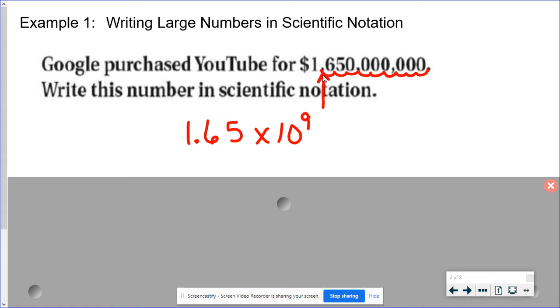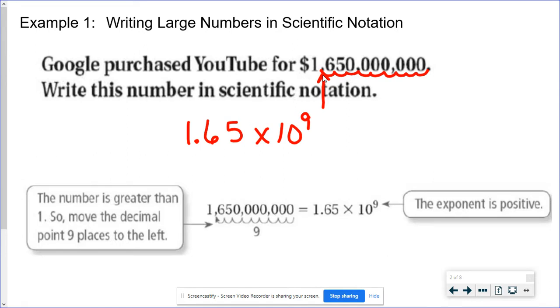There's my exponent. Okay, 1.65 times 10 to the 9th. Again, it's a big number, really big number. Sorry for the bell. Really big number, so that means it's going to be a positive exponent. But my factor is the right size. It's now more than 1, less than 10.